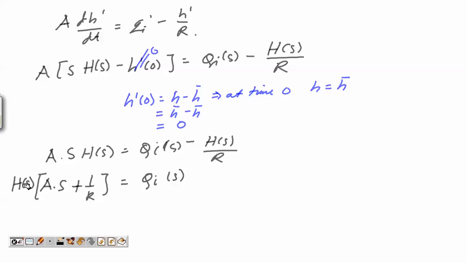Now we have the Laplace transform like this, so we can simplify to H(s) over Q_i(s) is 1 over (As plus 1 over R). H(s) is the output, Q_i is the input.